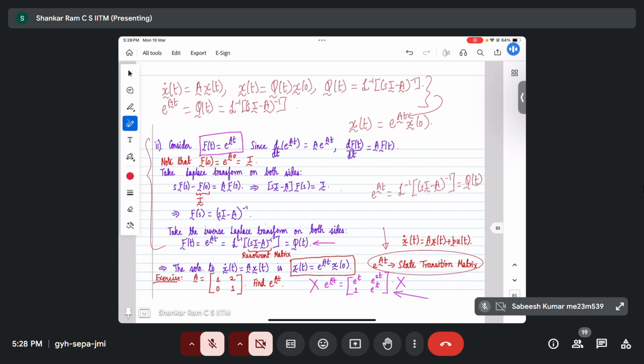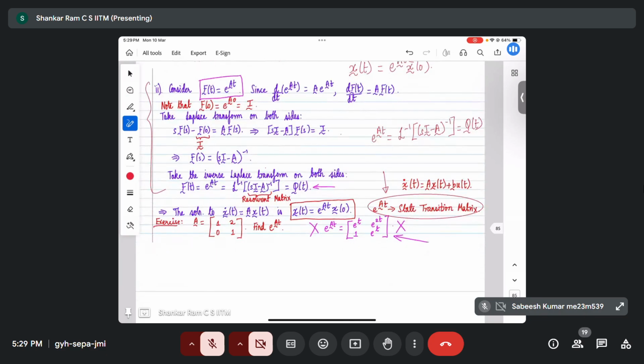So I need to know what this e power At, or this matrix exponential, is. So calculating the matrix exponential or the state transition matrix becomes very, very important. And that's something we are going to learn in tomorrow's class, one of the methods.